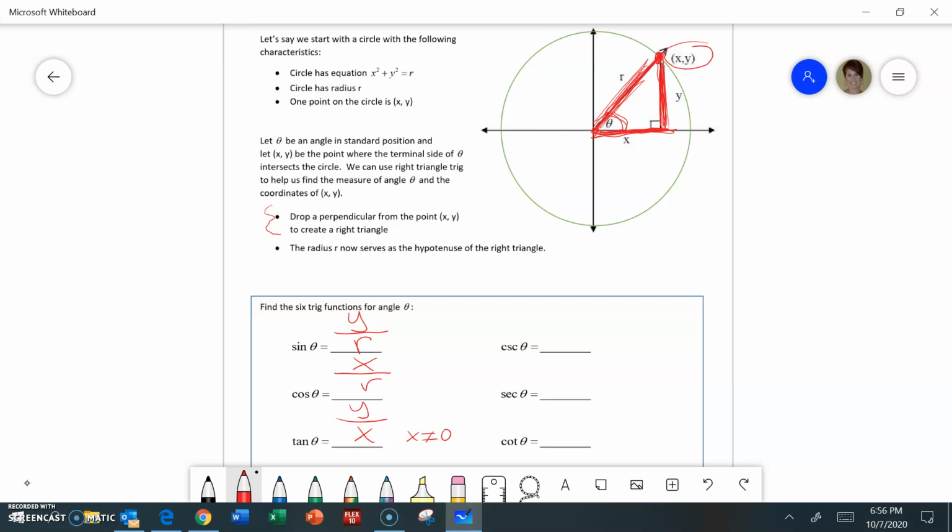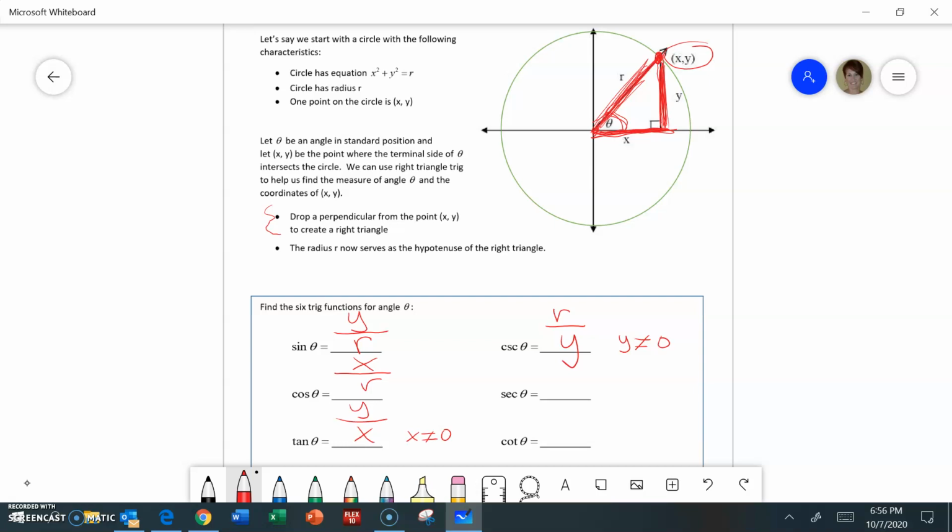Okay? Now for the cosecant, secant, and cotangent, we just have to worry about reciprocals. Cosecant is the reciprocal of sine, so this would just be r over y, and this would have to happen when the y coordinate is not 0. If you're wondering why I didn't worry about it over here, the radius can't be 0, or we don't have a circle.